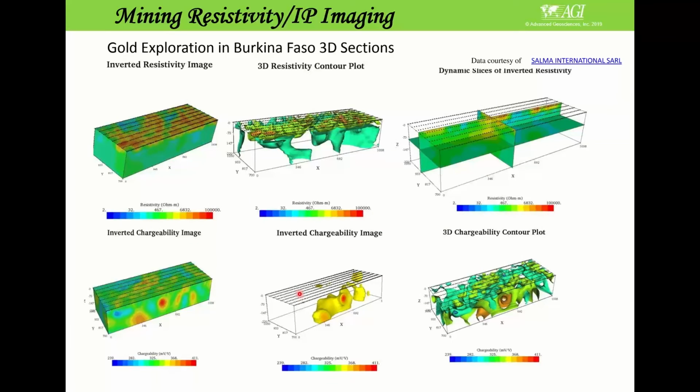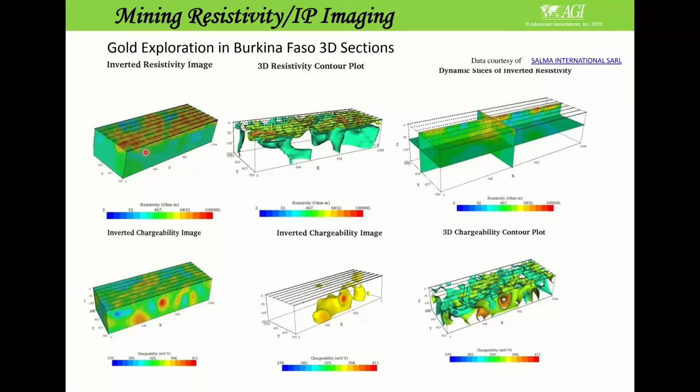This is another one, a 3D survey done with many parallel lines combined, each line about a kilometer long, and then you can get almost a 3D layout. Maybe if you go this way another kilometer, you get a 1 by 1 kilometer.